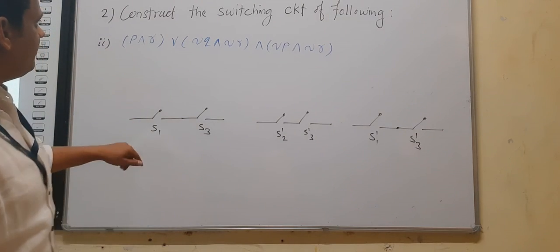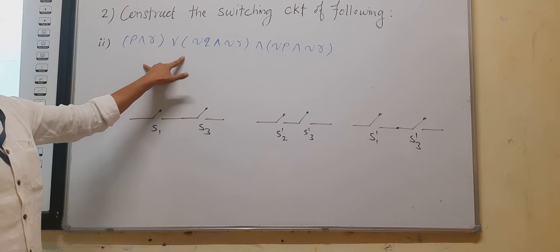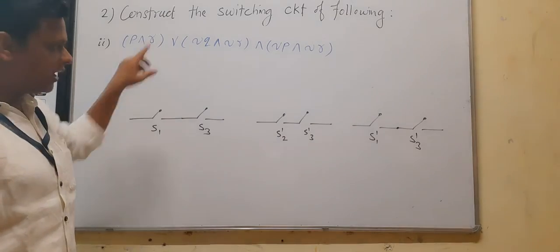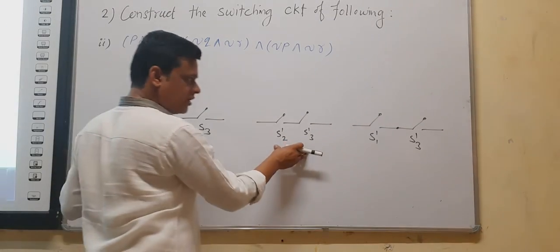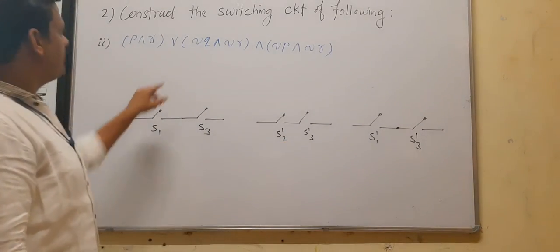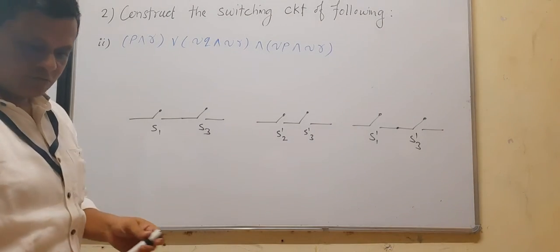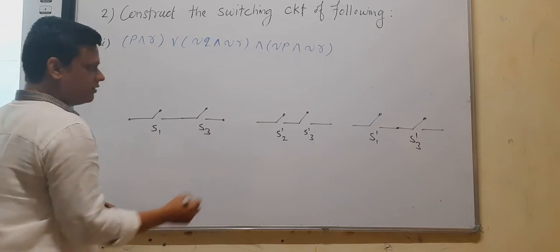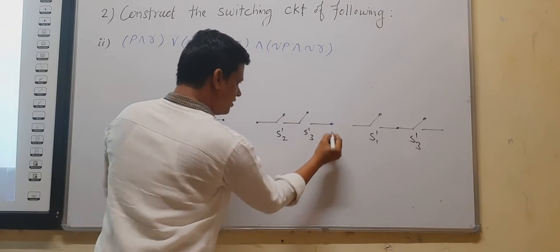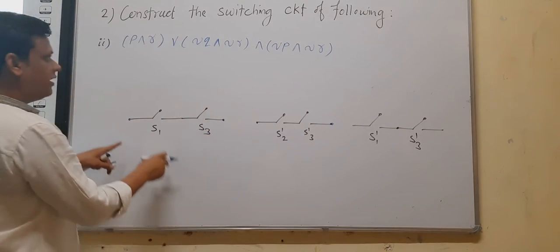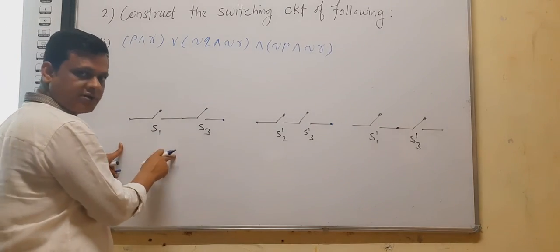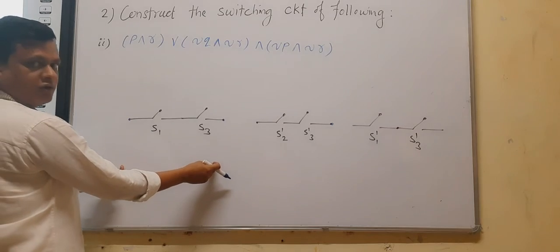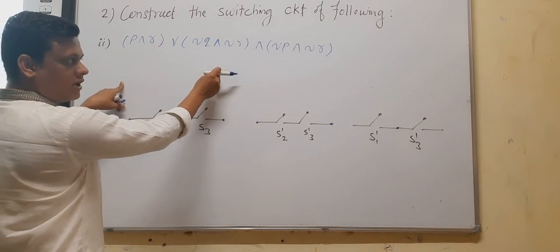Now see the relation between the first 2 brackets. There is disjunction, that means these 2 switches must be in parallel combination. So this is the first circuit, this is the second circuit. This second circuit must be in parallel combination with this first circuit. That means we have to shift this circuit below this circuit or above this circuit.